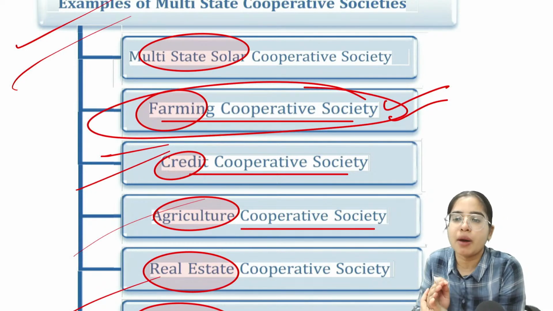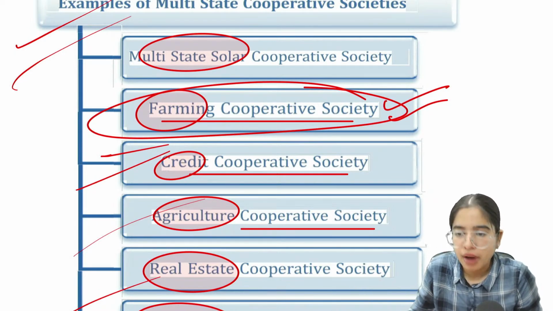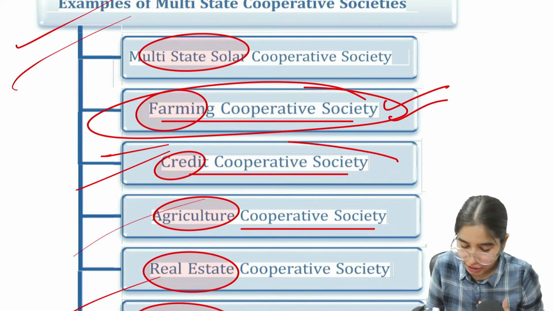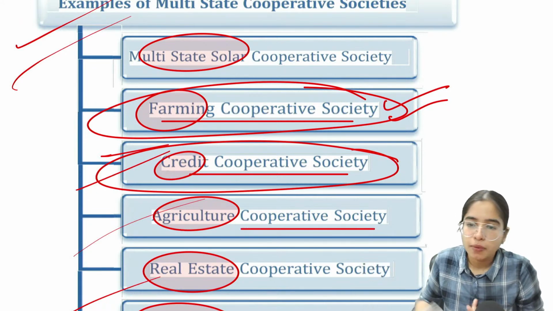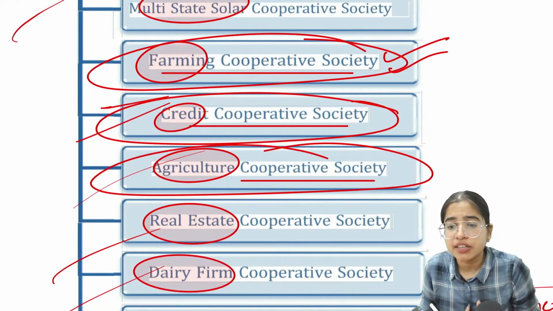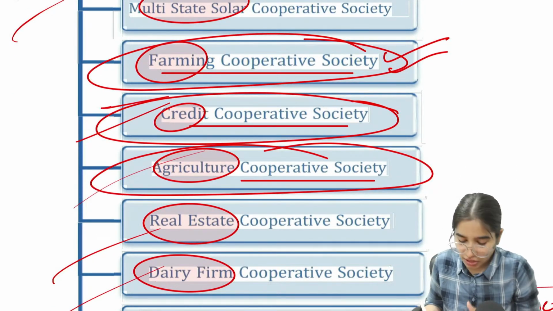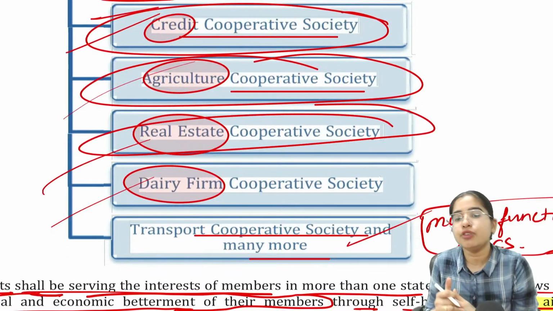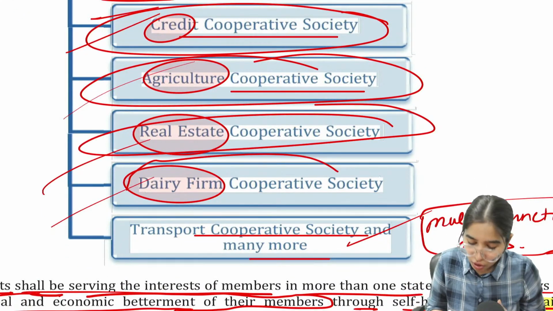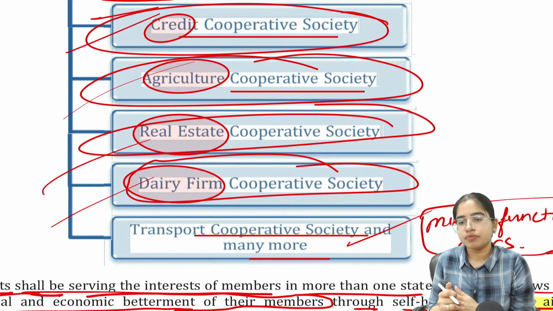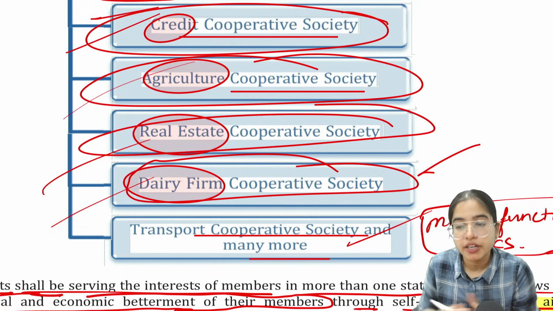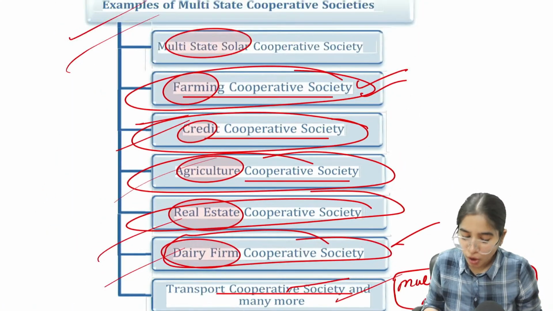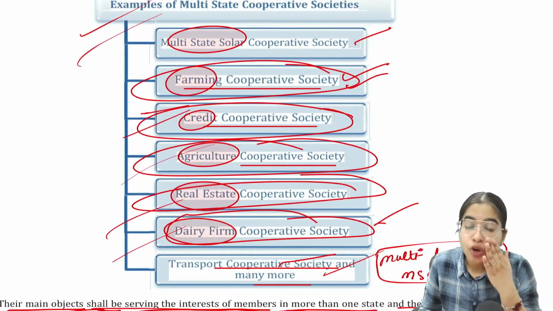For providing loan or credit facilities, you make a credit cooperative society. For agriculture activity, an agriculture cooperative society. For real estate activity, a real estate cooperative society. Or for a dairy farm or milk product business, a dairy farm cooperative society, a transport cooperative society, or a solar cooperative society.